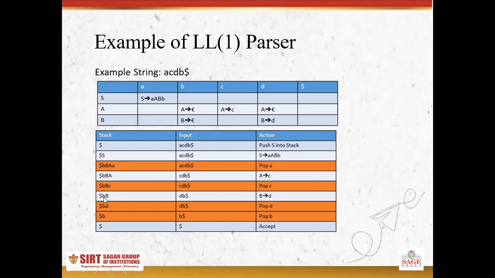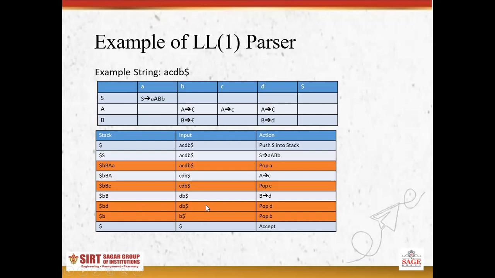Then we have in our stack B and capital B. On capital B row and small d column, B is replaced by d. So in our stack now we have dollar, B, d. Here d is now the top of the stack and the input string is db dollar.